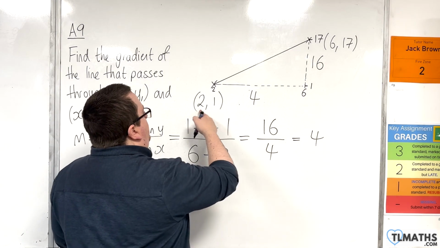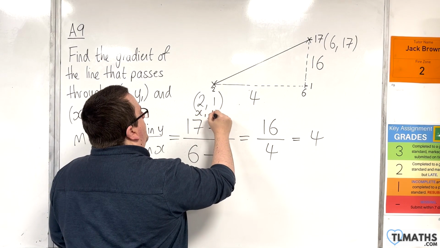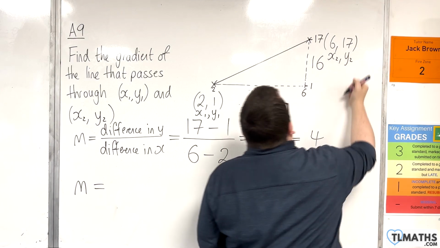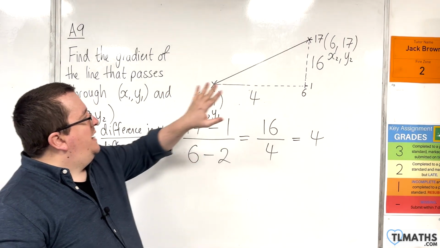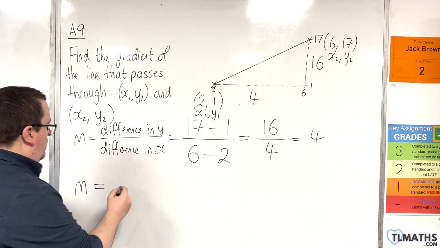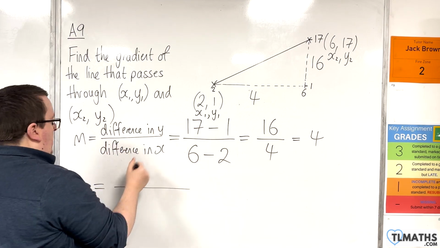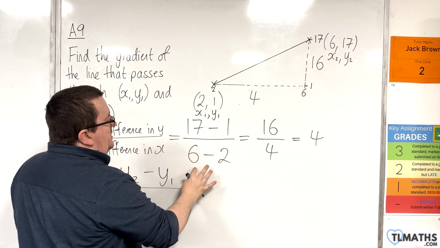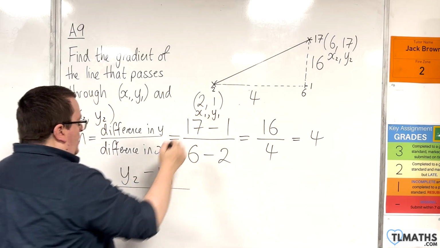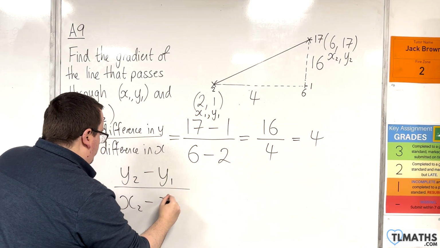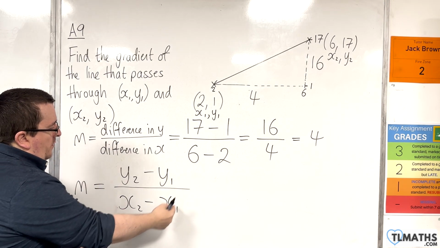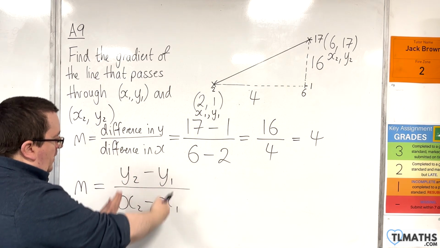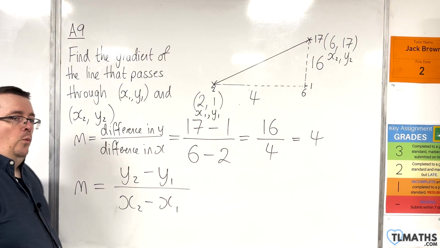So this is your (x1, y1), and this one here is your (x2, y2). So I did 17 take away 1, which is y2 take away y1, divided by the 6 take away 2, which is x2 take away x1. So you've got this pair of coordinates, this pair of coordinates.